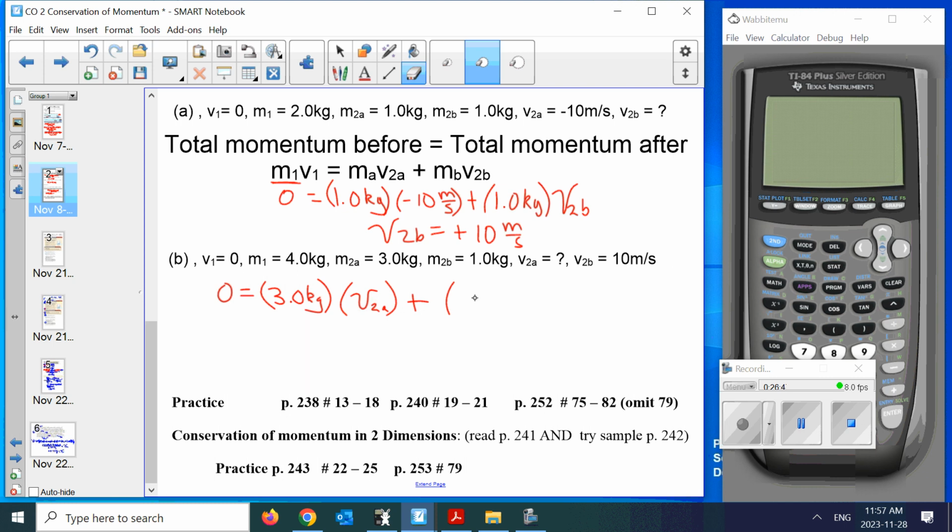Sorry, which one are you talking about? The one after. Oh, yeah, M2A, yeah. M1 is actually the sum of A and B. I'll finish this off and then we'll be done. Okay, mathematically, that's 10 in the negative direction divided by 3. Right?